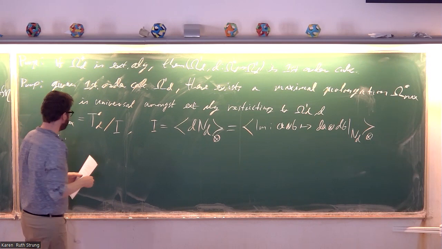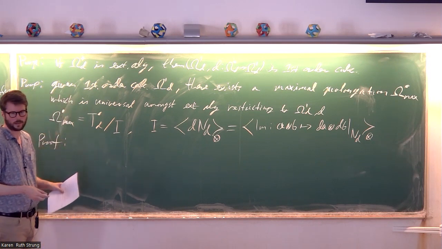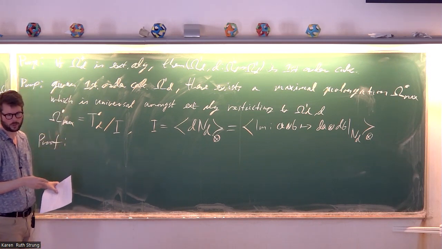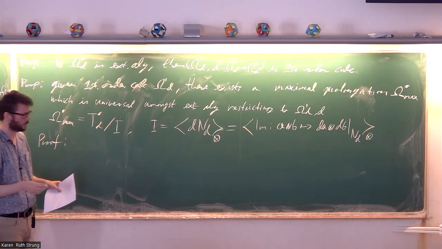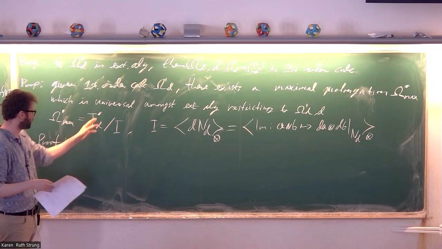So, proof. Well, first of all, the tensor algebra is a universal object for associative algebras, which are bilinear in the product operation. So the surjection from the tensor algebra is clear.